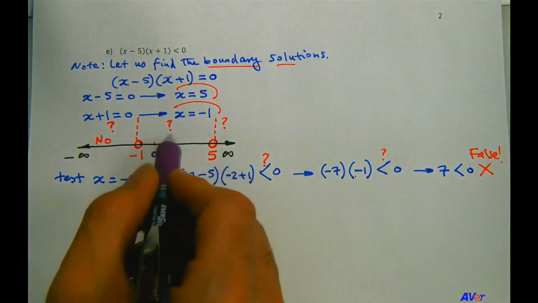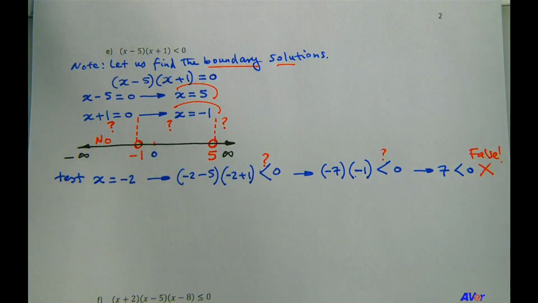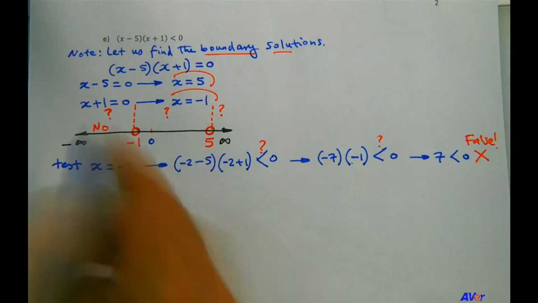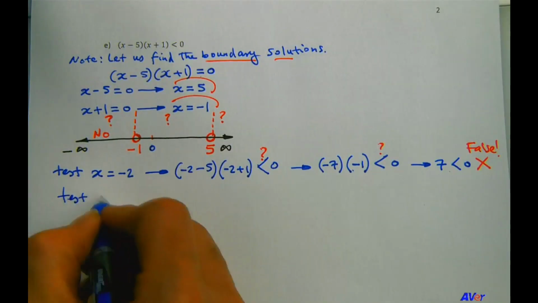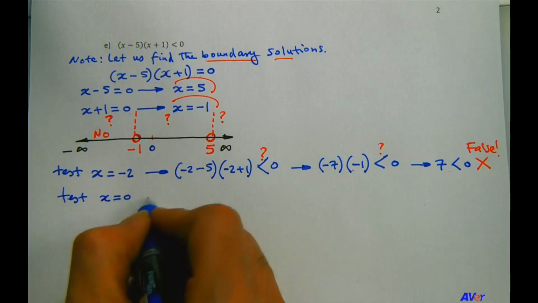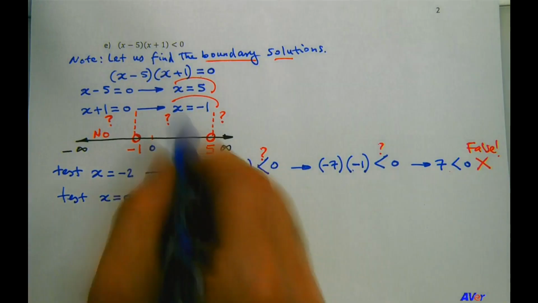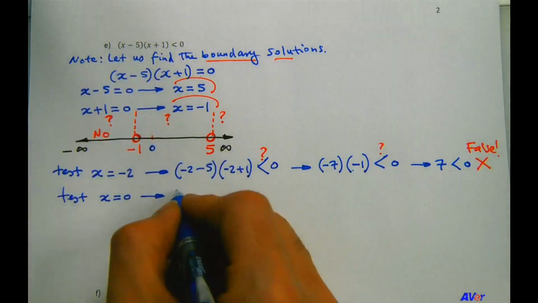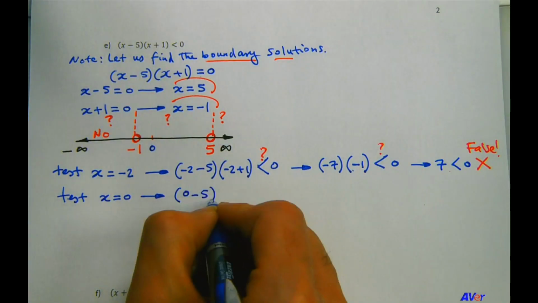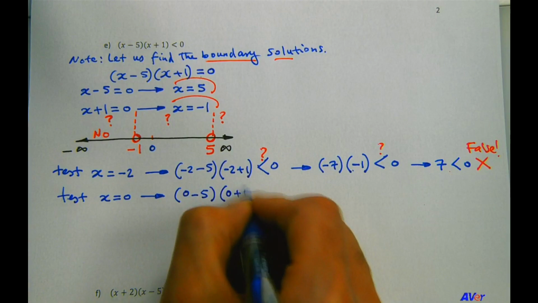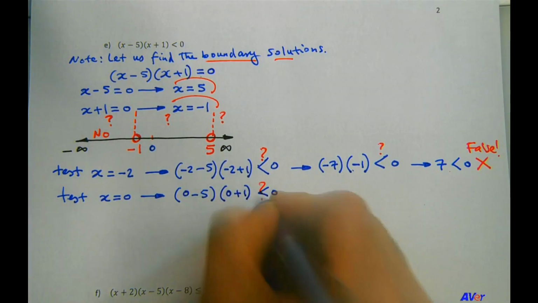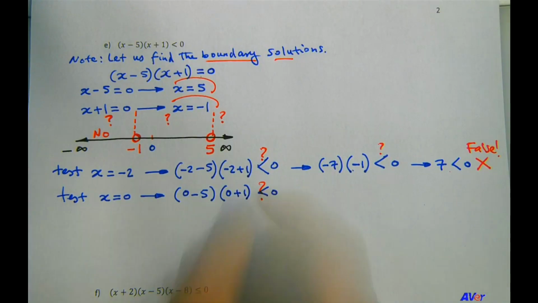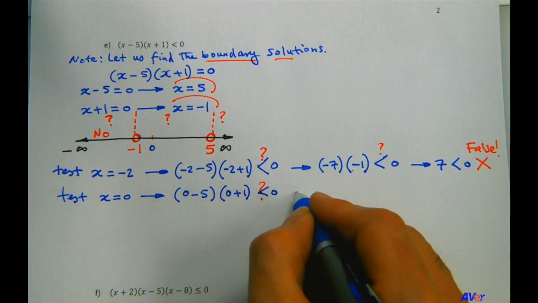So now let's test a number in this region. Any easy number would do. Well, let's test 0, right? Test x equals 0. Let's plug in 0 for x. 0 minus 5 times 0 plus 1 less than 0? We're asking, is the left side less than 0?